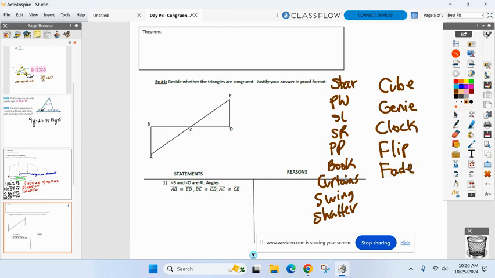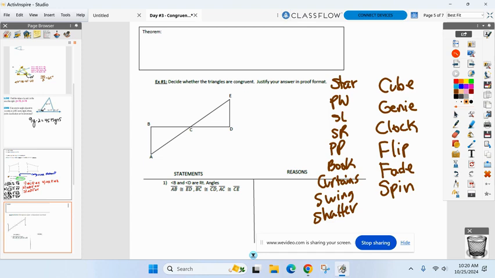Slide left, slide right. It's up and down, but we don't know the names. Spin. Not the one I was thinking about, but that is one. Reverse. Anything else before we vote?